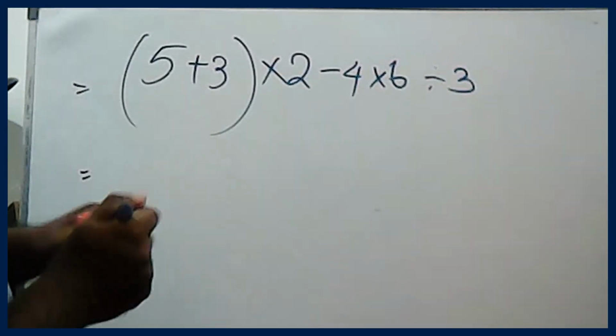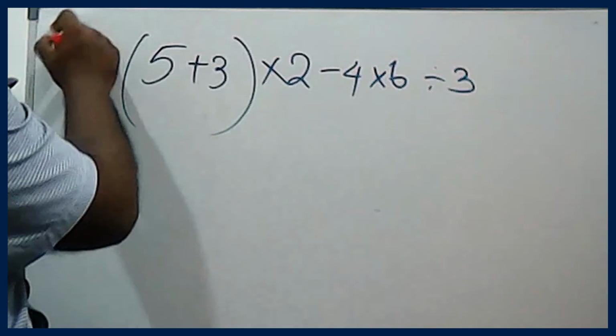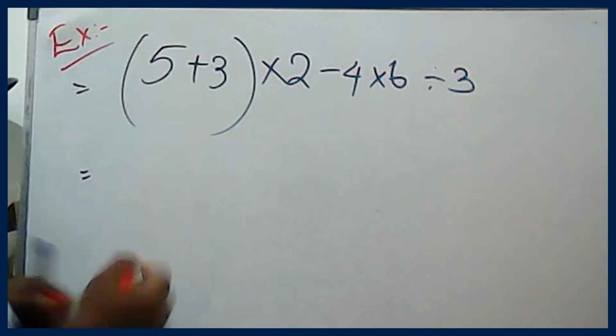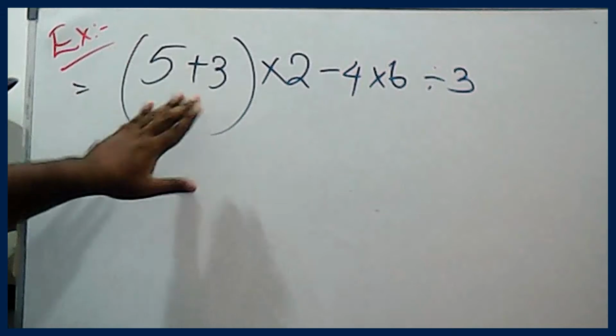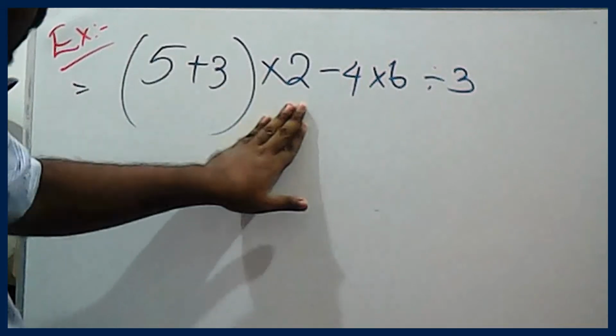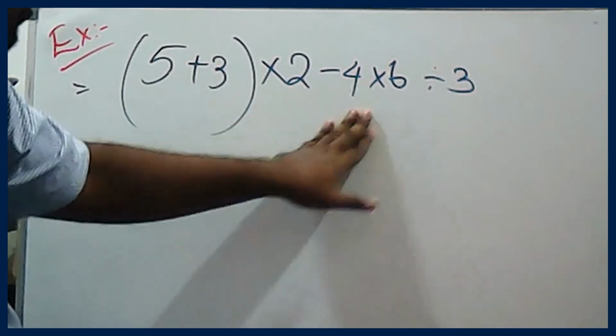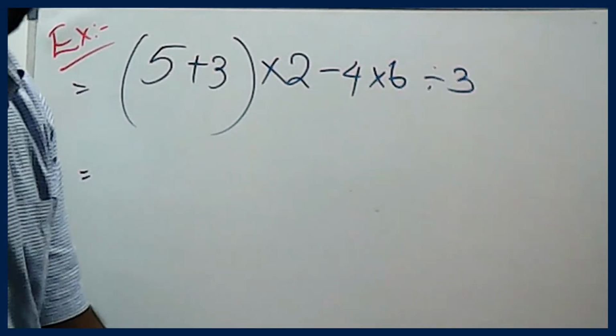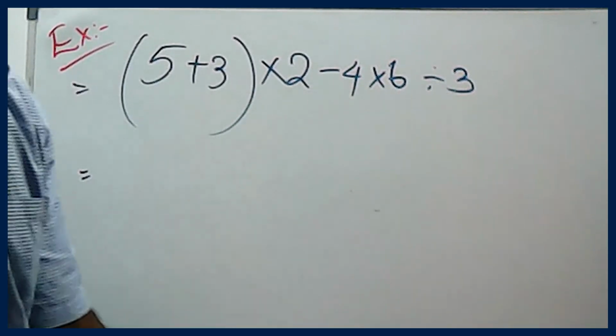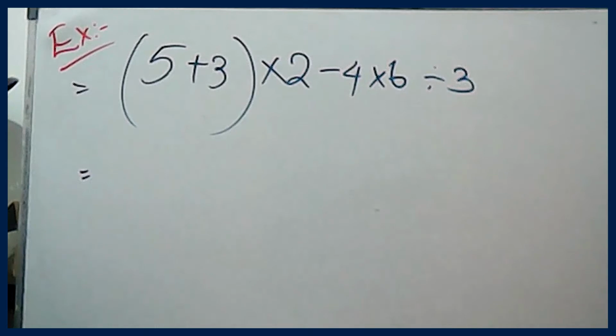What is the answer for this? Example: 5 plus 3 inside the bracket, multiplied by 2, minus 4 into 6 divided by 3. What is the answer? Take 30 seconds and try to get the correct answer.